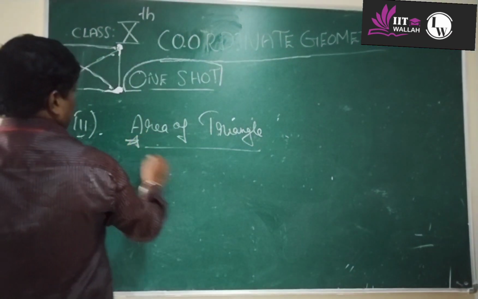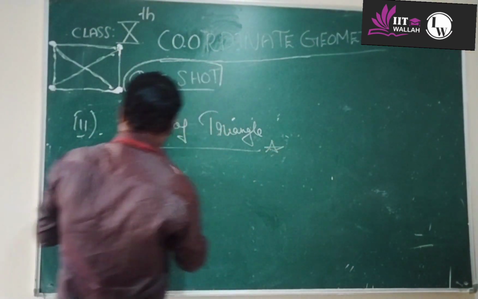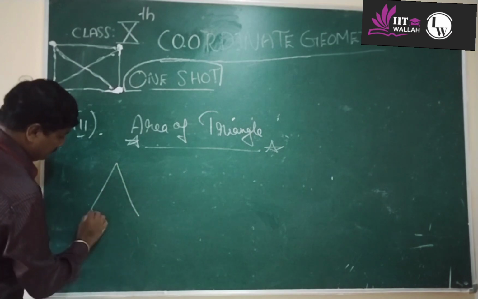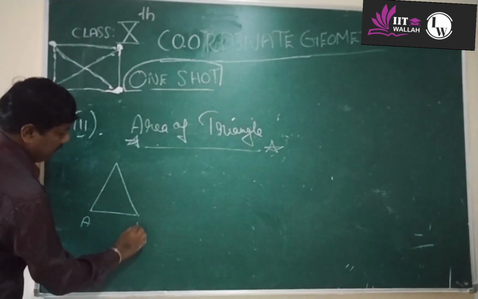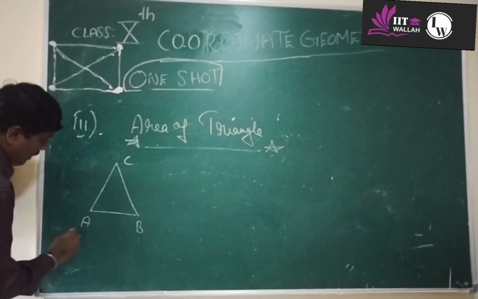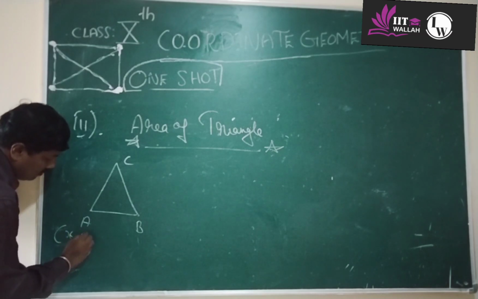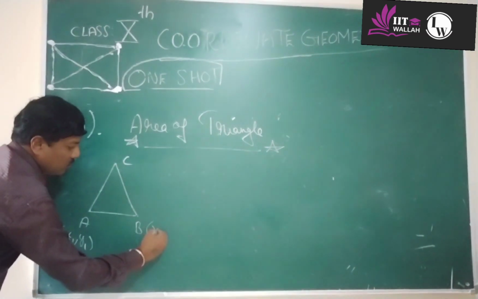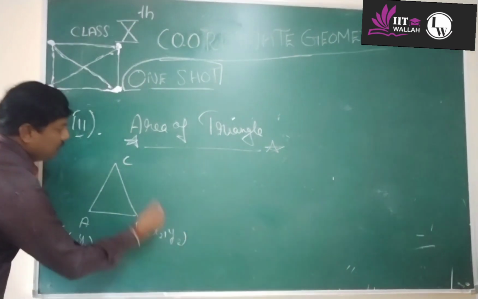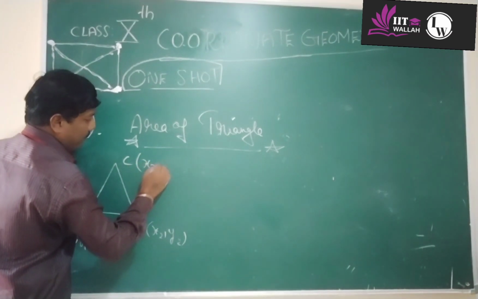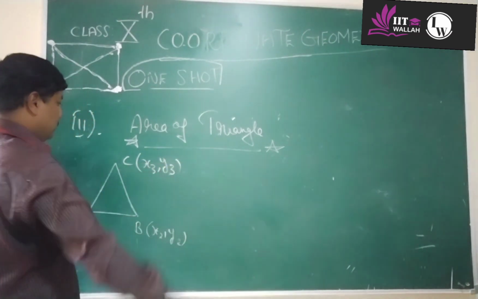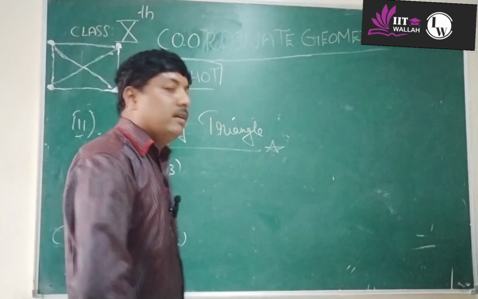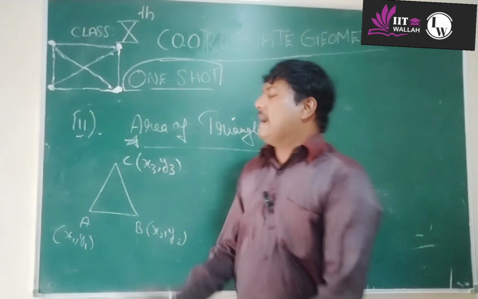Area of a triangle. Suppose there is a triangle like this, A, B, C. Coordinates of A is x1, y1. Coordinates of B is x2, y2. Coordinates of C is x3, y3. So the area will be, the derivation you need not learn now.